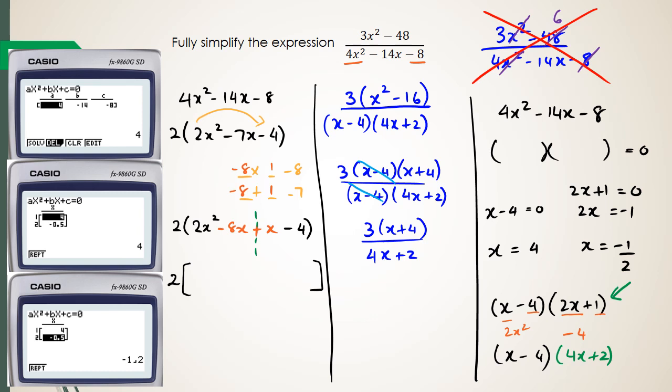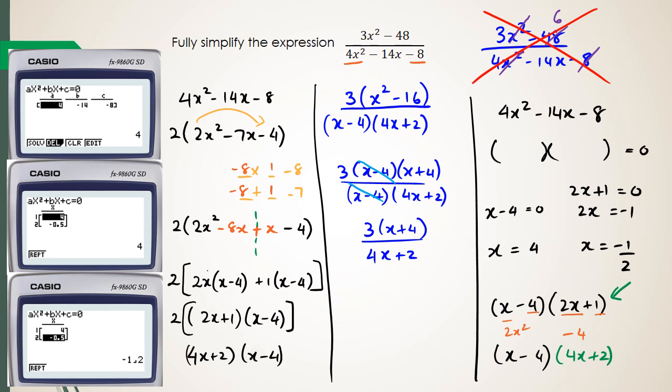So here what I would have is 2x times x minus 4, and then plus 1 times x minus 4. And what I end up having is 2 times 2x plus 1 multiplied by x minus 4. And then as you can see, now I can go 2 times 2x plus 1, which will end up being 4x plus 2 and x minus 4.